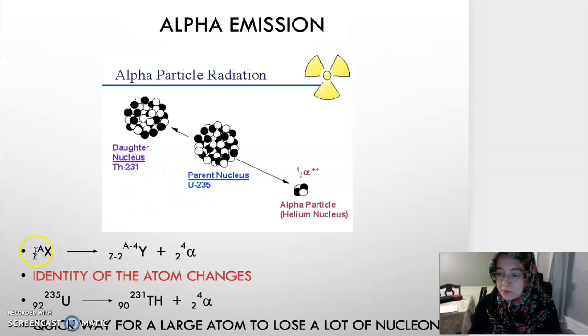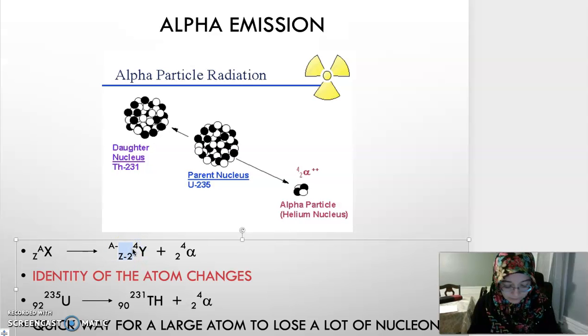So that is the common reaction. You have the parent nucleus, proton number, mass number. If it is going to give off the alpha particle, you are going to subtract 2 from the proton number and 4 from the mass. What's the example? Example is uranium. It has 92 protons before. If it goes through alpha decay, you are going to remove 2, 92 minus 2 is 90.